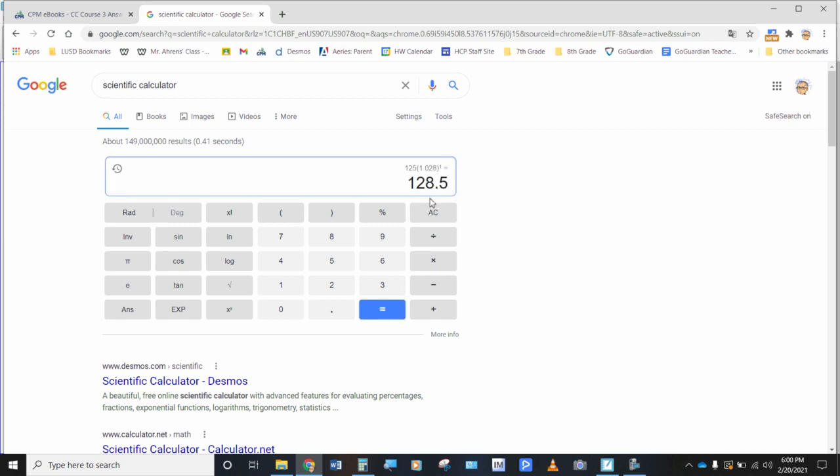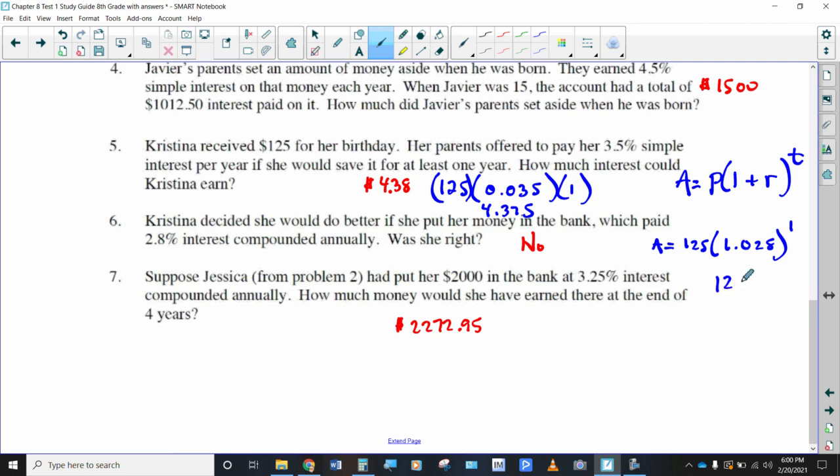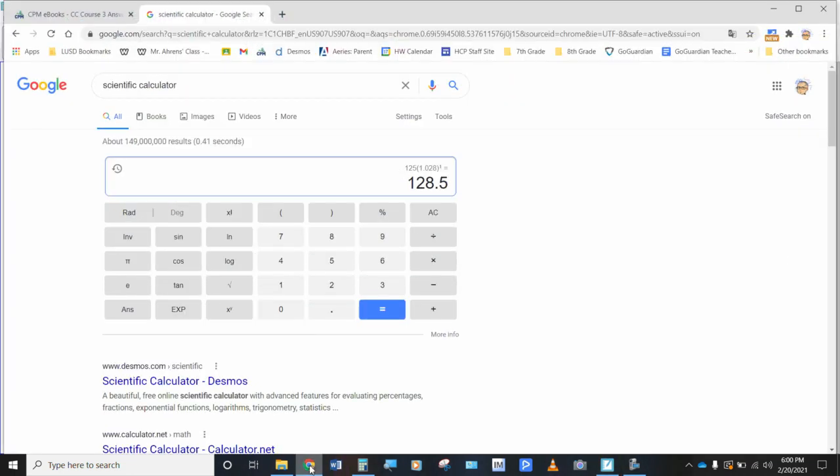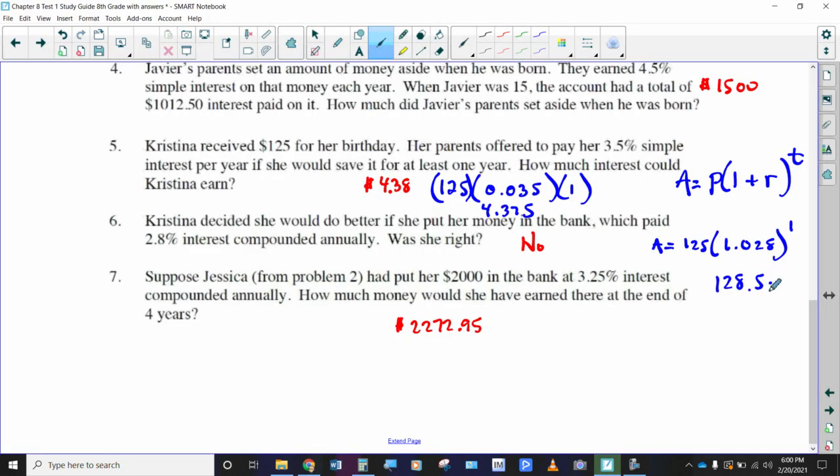So that's going to be $128.50, which means, since that's the new amount, 128 and 50 cents, subtract away the principal, she's only going to make $3.50. So no, she would actually do better with simple interest because it's only 1 year, and the simple interest was higher than the compound interest.